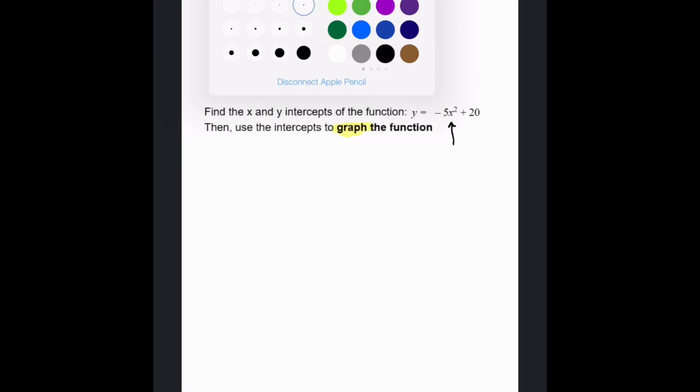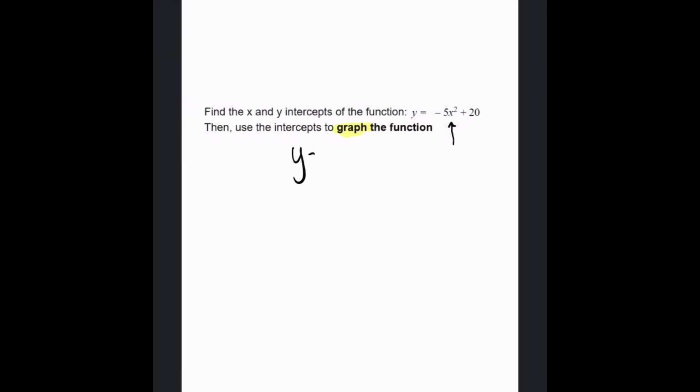Okay, so the easiest way to graph quadratic equations is to actually take that equation and to just identify each of the intercepts. So I want to first identify the y-intercept, and then we're going to go ahead and do the x-intercept afterwards, but let's focus on the y for now.